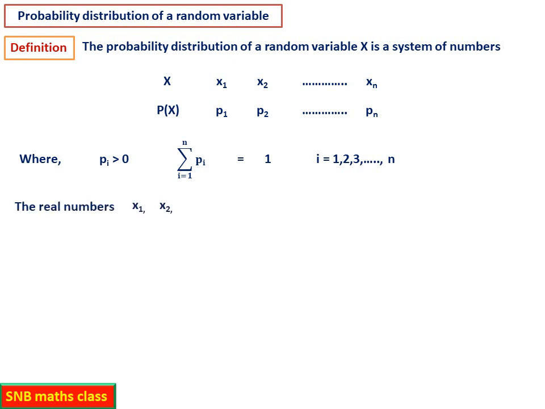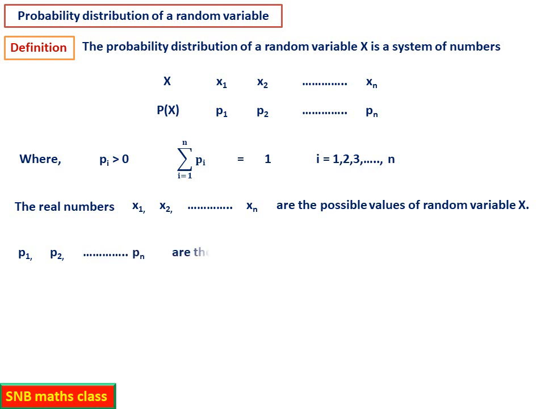So the real numbers x1, x2, ..., xn are the possible values of x, which you have already seen, and p1, p2, p3, ..., pn are the probabilities of x1, x2, ..., xn respectively. So this is the definition of the probability distribution of a random variable.